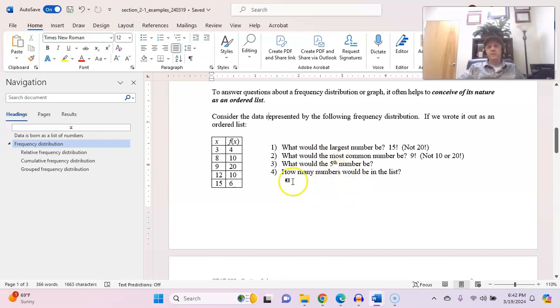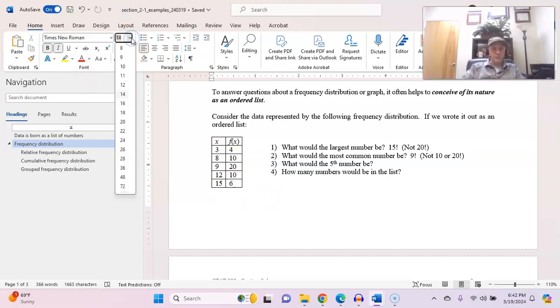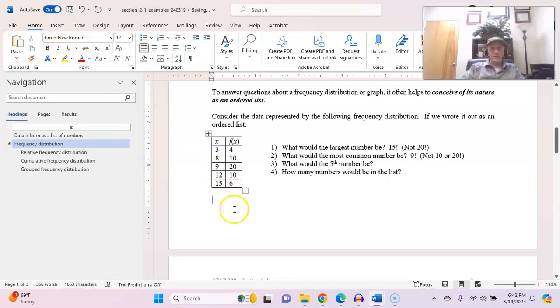What would the 5th number in this list be? Well, let's think about writing an ordered list of numbers with repetition. If we took this table and started writing it as a list of numbers, what would it start with? It would start with a 3, and then what would be the next number in the list? Well, it would be another 3 because 3 is repeated 4 times.